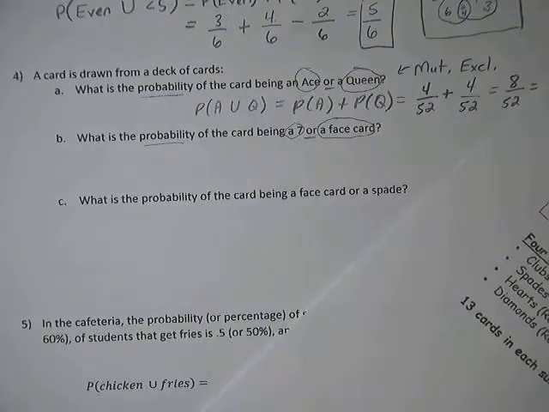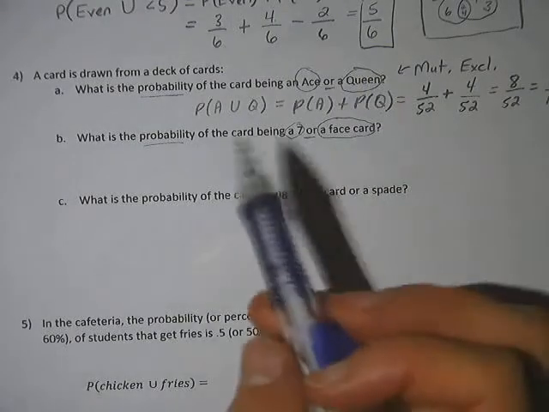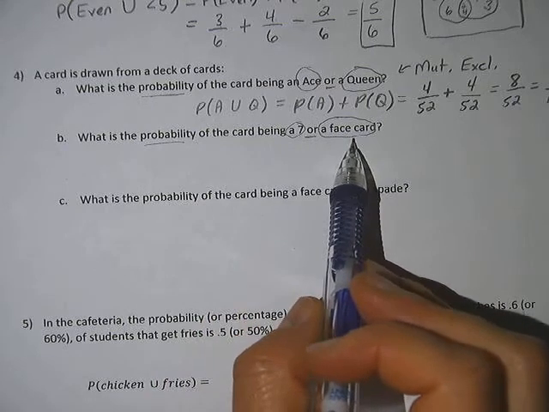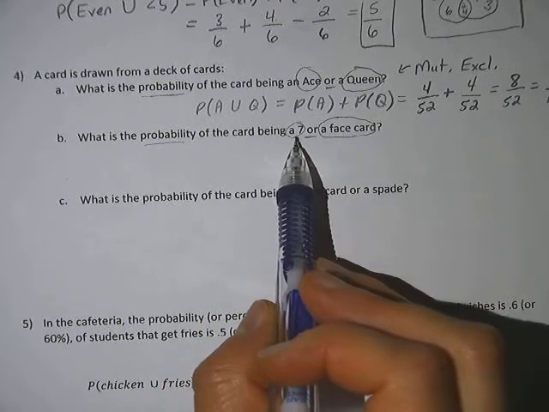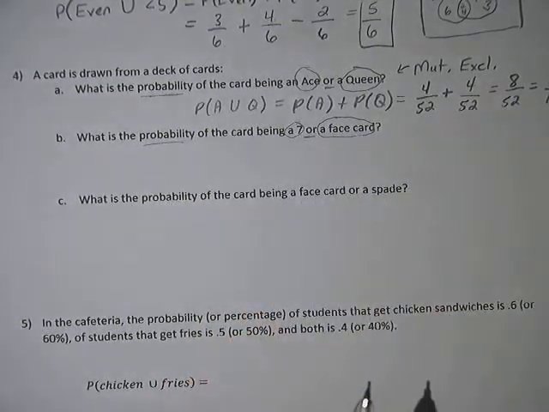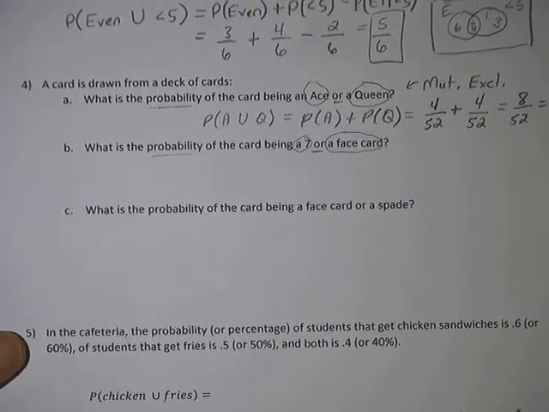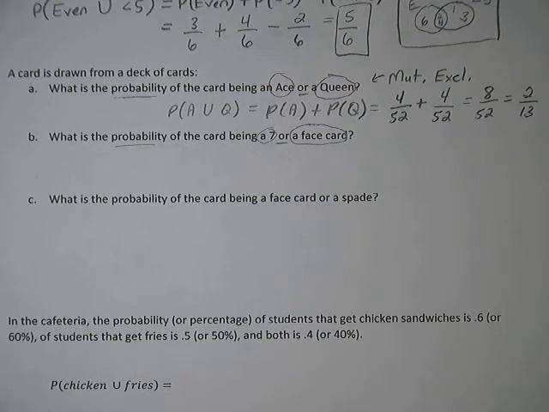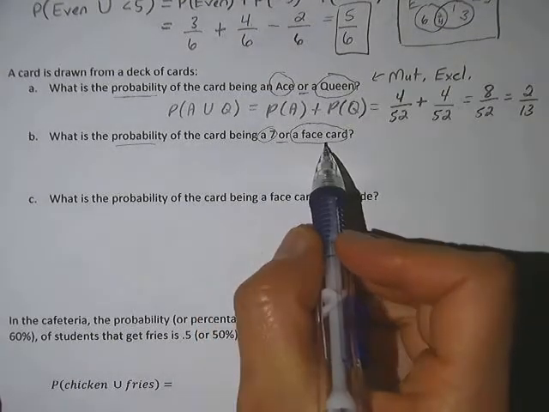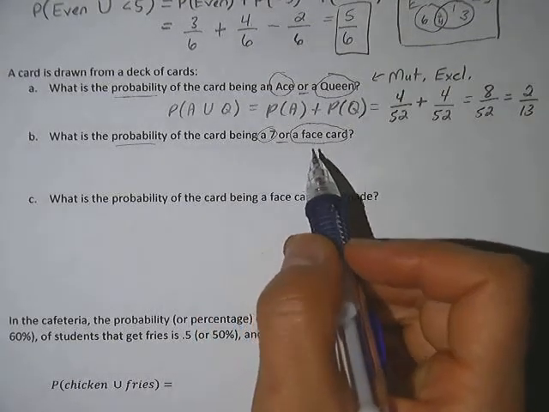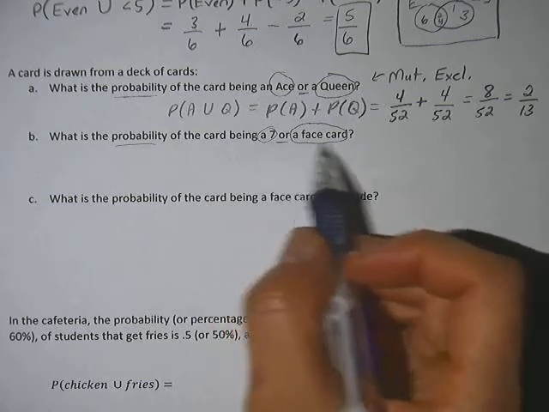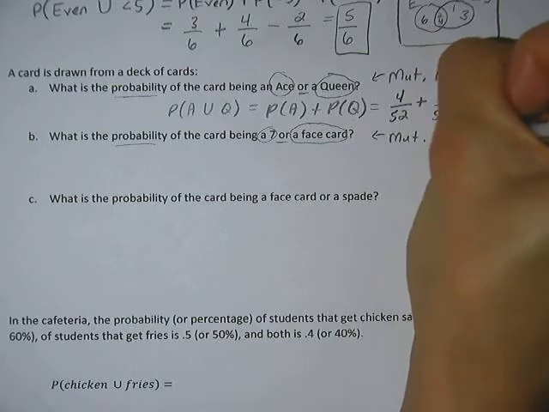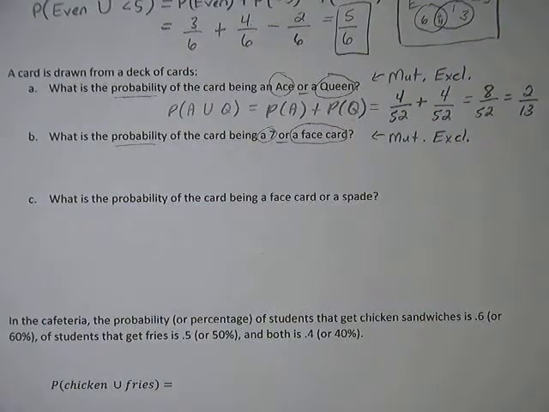So it says, what is the probability of the card being a 7 or a face card? Well, can you pull a card out of a deck of cards and it be both a 7 and a face card? And that's another situation where, no, you can't have both a 7 and a face card if you just pick out one card. And so those are, again, mutually exclusive. And so you just have to add the probabilities of each.